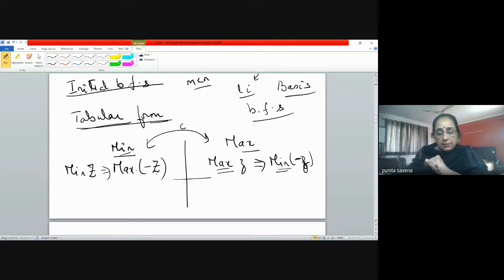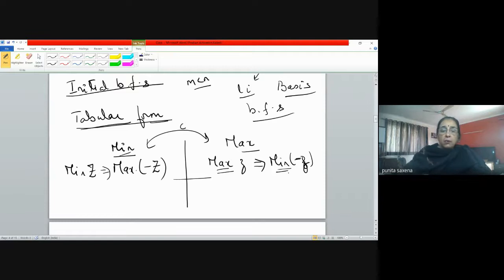So the objective function part is clear. If I'm comfortable solving maximization problems, I solve it, and if my problem was of minimization type, I convert the objective function, move ahead, and solve it the way we do it.